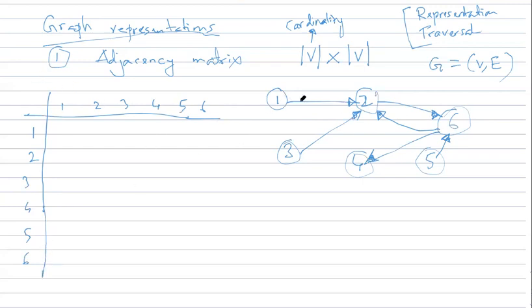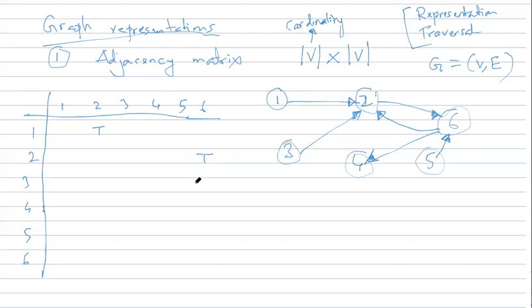And we look here. Okay, there is an edge from 1 to 2. Great. So this is going to be true. That means there exists an edge from 1 to 2. Then is there any more edges from 1? No. So I'm done with 1. Then next my attention goes to 2. From 2, you have an edge going to 6.